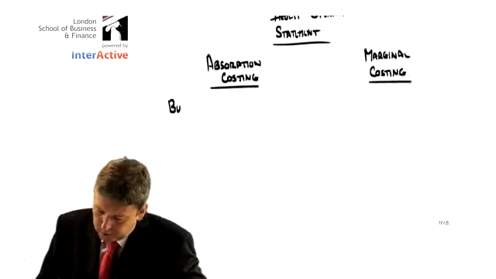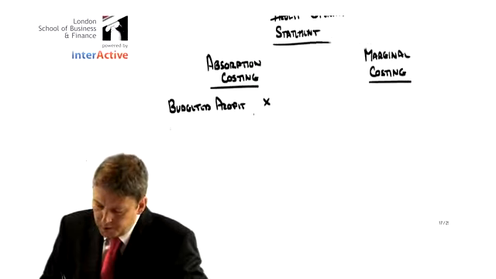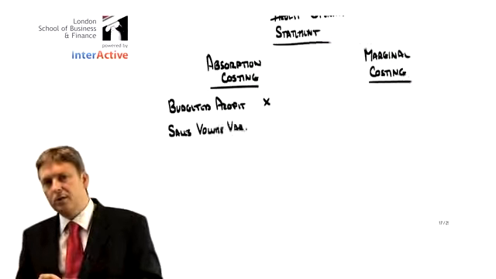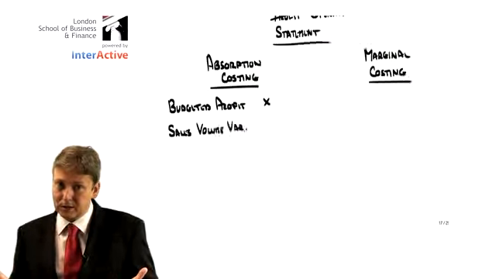I'll try and give you a good pro forma. We start with our budgeted profit. And the first thing we do is we introduce our sales volume variance. You see, by introducing the sales volume variance, we are effectively flexing the budget.